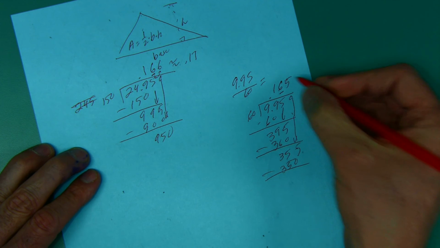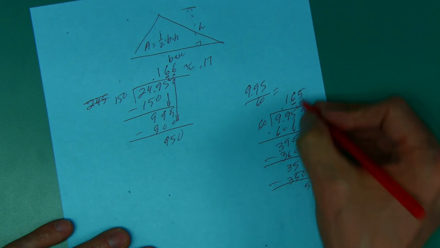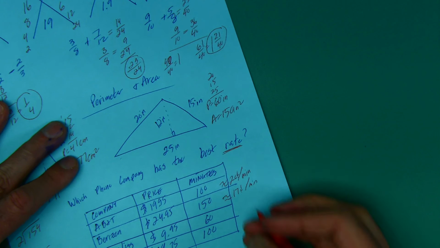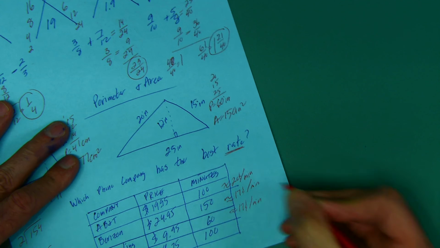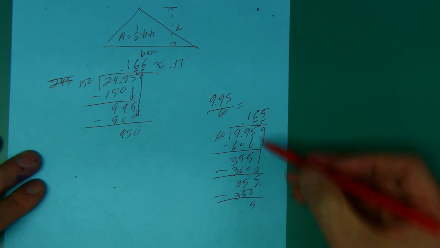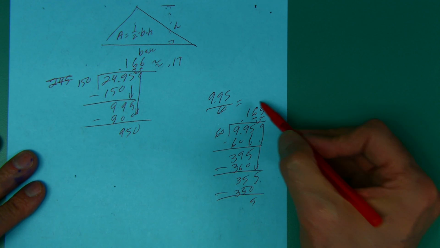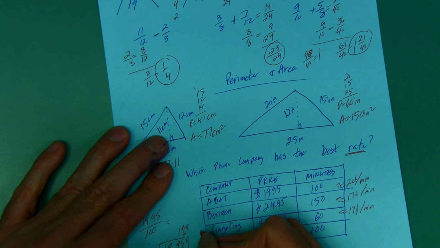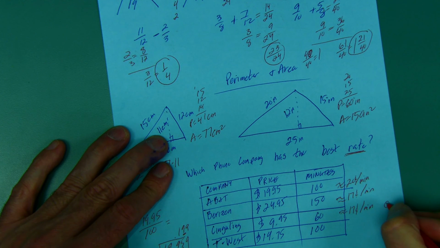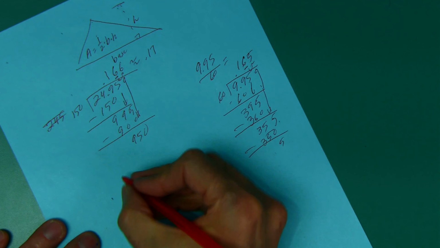Now, when I go round this, though, I'm going to round this to 17 as well. Okay, so I got to be careful when I'm rounding. This is about 17 cents per minute as well. But if I had to choose between the two, this was 0.166, this was 0.165. So this is a tiny bit smaller. So I'm going to put a little smiley face next to this, just so I can remember this is a tiny bit smaller. Okay. Now I'm looking at T-Mobile, $14.75 for 100 minutes.